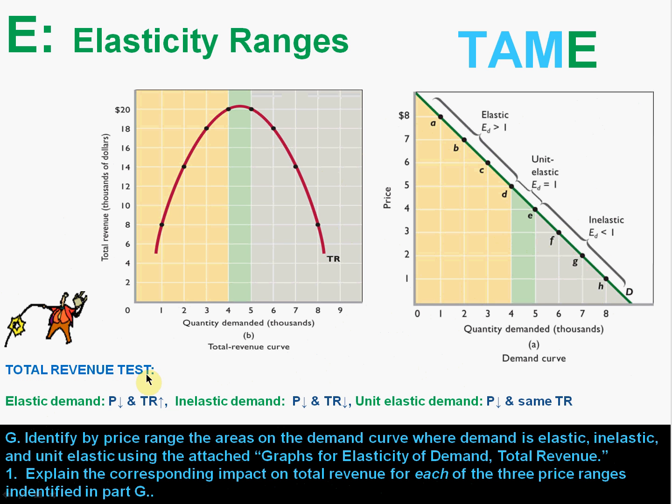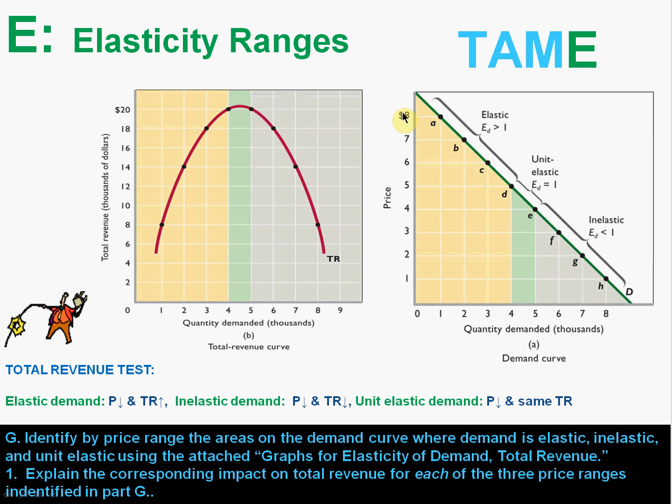Okay? So, the other way we can do this is as follows. The total revenue test. You don't really actually have to work out the math. All you need to do is compare what happens to total revenue. Because we know by law that the elastic demand portion is anywhere where price is going down and total revenue is also going up. That means at point A, where quantity demand is 1 and price is 8, we can multiply those together.